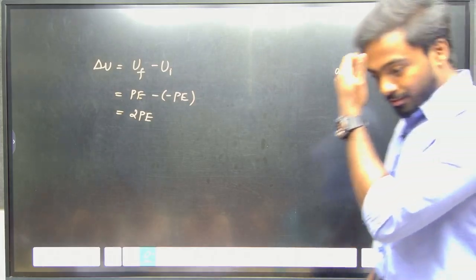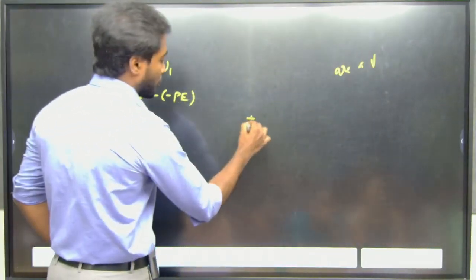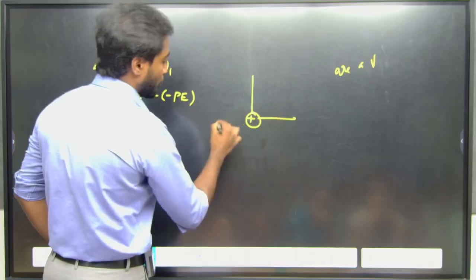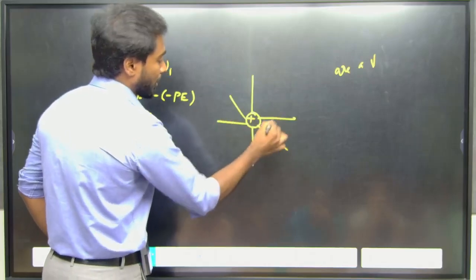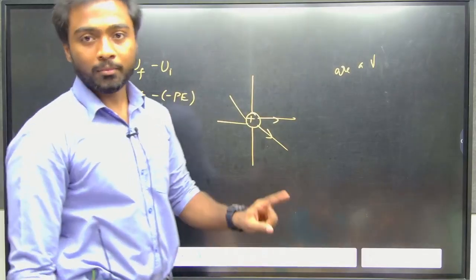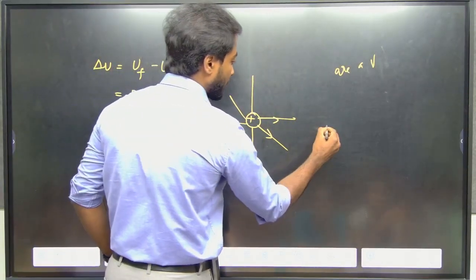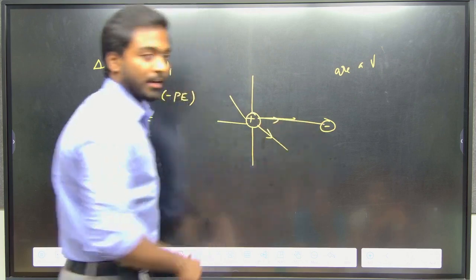See here, you may have doubts. When I talk about only a positive charge, the lines originate and go out, going to infinity, right? If I talk about positive and negative, obviously the lines go from the positive charge to the negative charge.